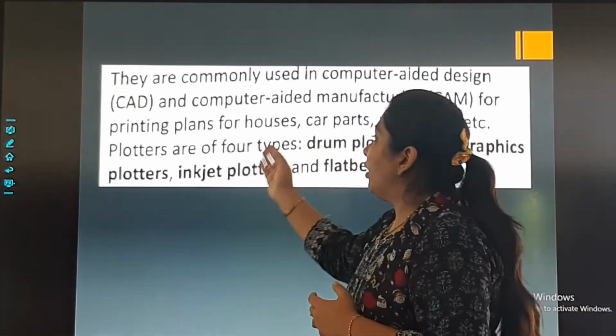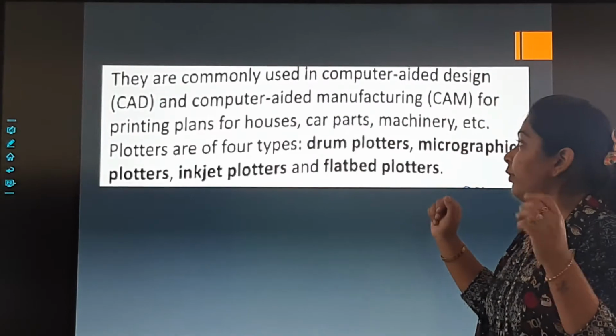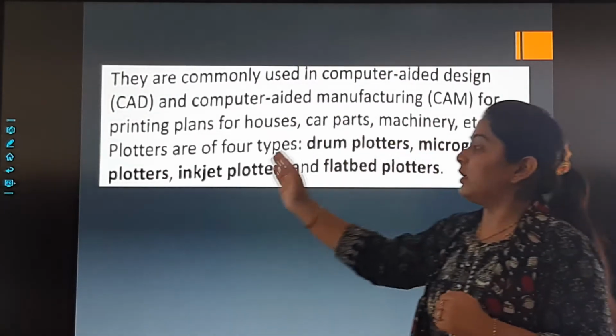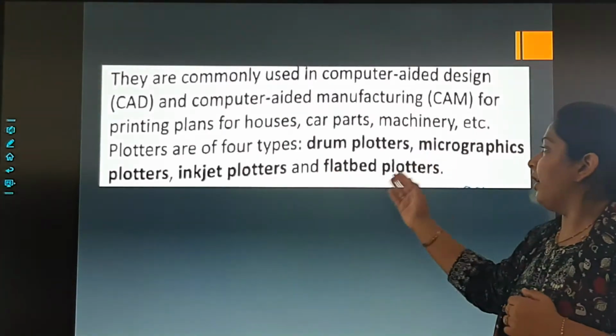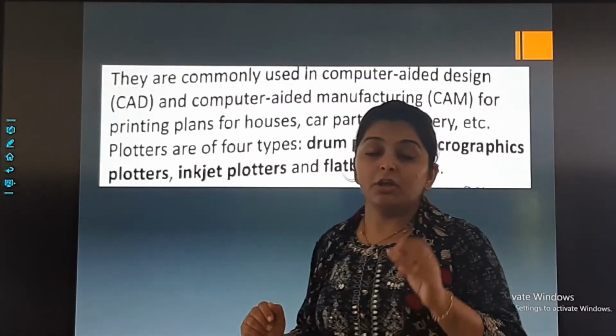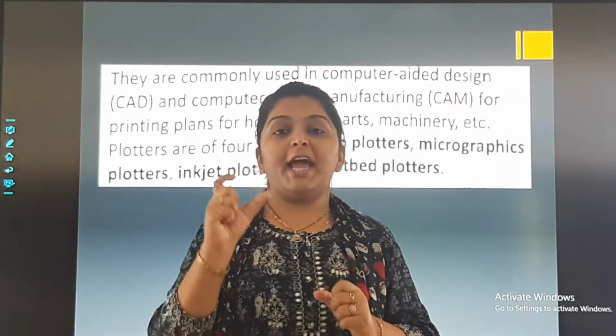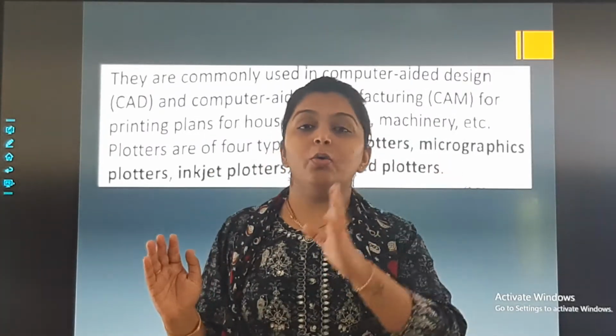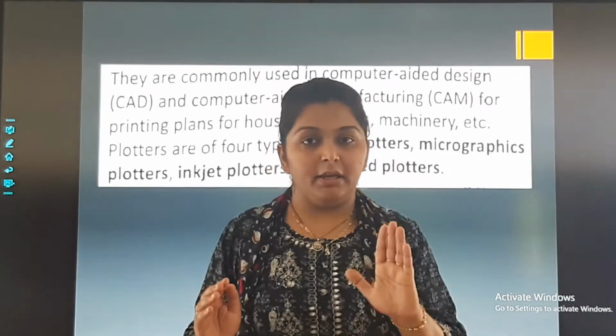Understood? Plotters are of four types: drum plotter, micrographic plotter, inkjet plotter and flatbed plotter. You have to just learn the types of the plotters. You have to just remember the names. That's it. Not to go so much into detail.